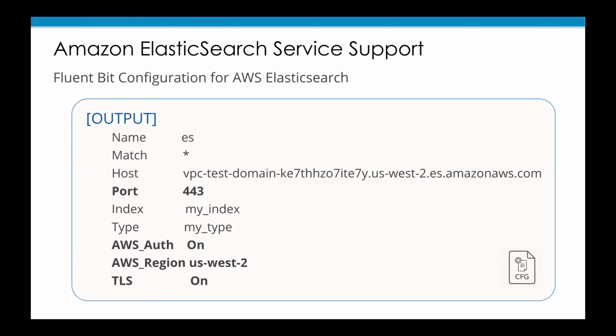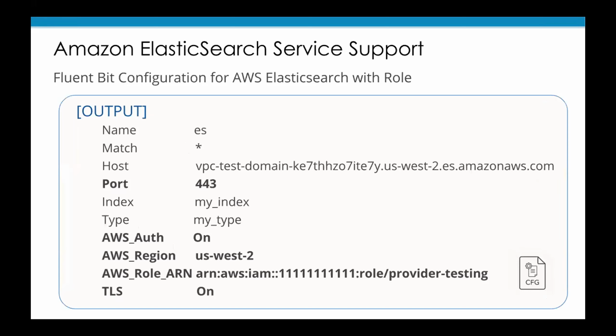There are a couple new fields. One key thing to point out: the host, when you use Amazon Elasticsearch, you do not include the transport protocol, don't include the HTTPS. That's one thing that got me confused when I first started testing it out. The port is almost always port 443. And then you have to add these fields: AWS auth, turn that on, and then you have to add your AWS region. You also want to enable TLS, of course.